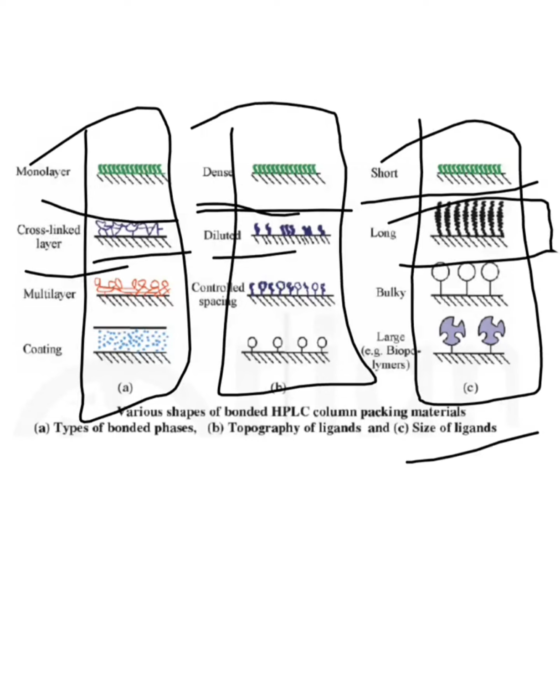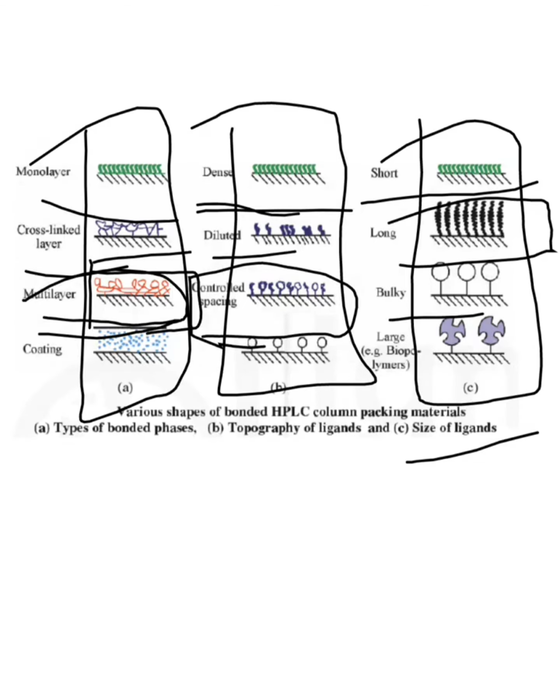In the multilayer bonded phase, the ligand size is within a controlled limit. This is the topological ligand design, and this is the bulk structure, where the ligand size is bulky.